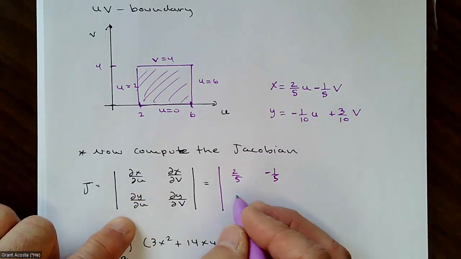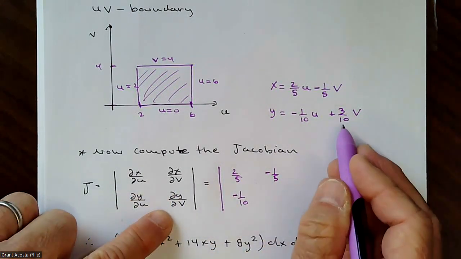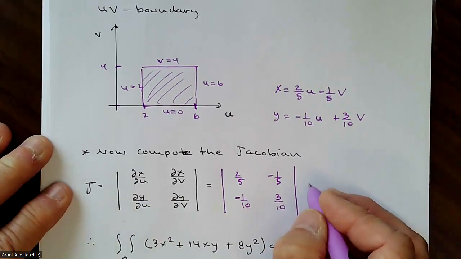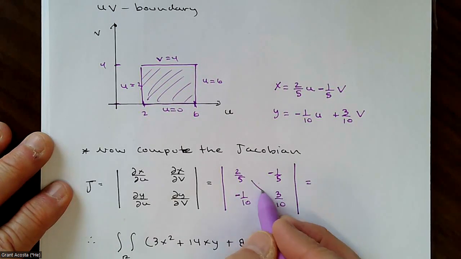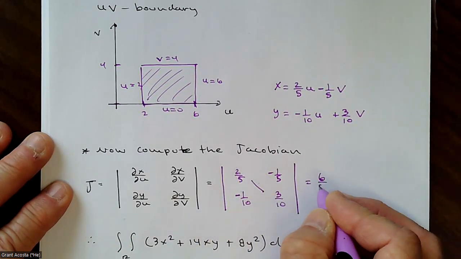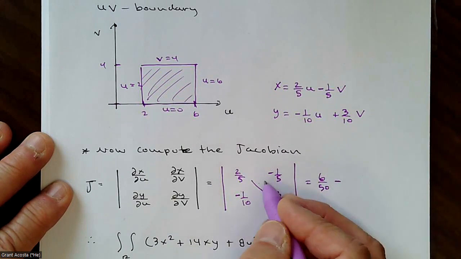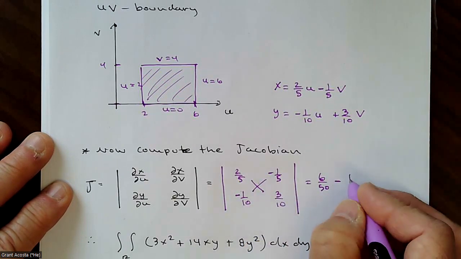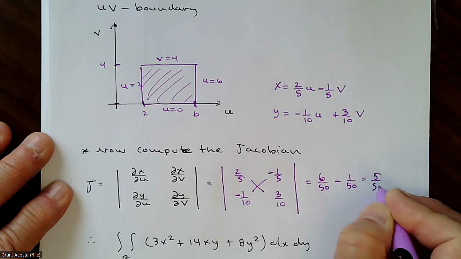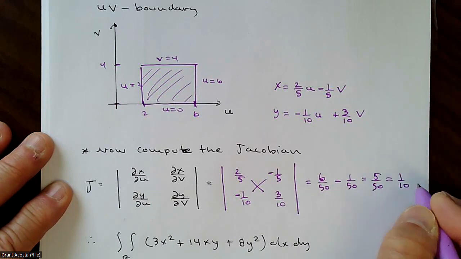Partial of y with respect to u, negative 1/10. With respect to v, 3/10. Multiply this times this, so that's 6/50 minus negative 1 times negative 1, 1/50, is 5/50, or 1/10.